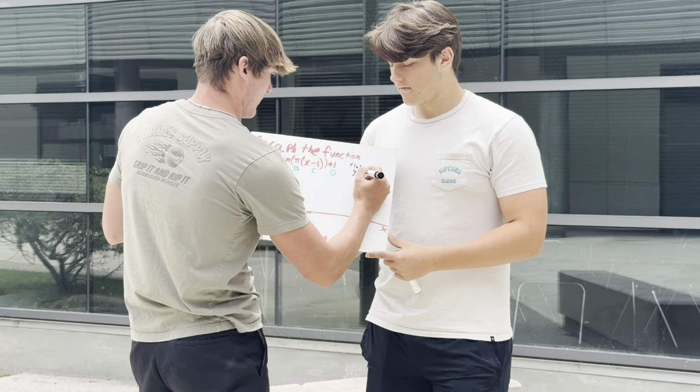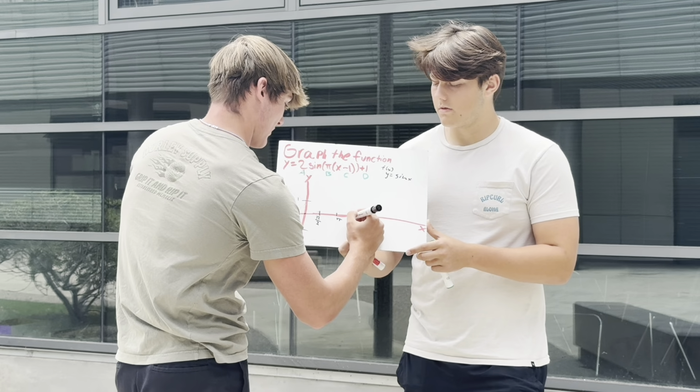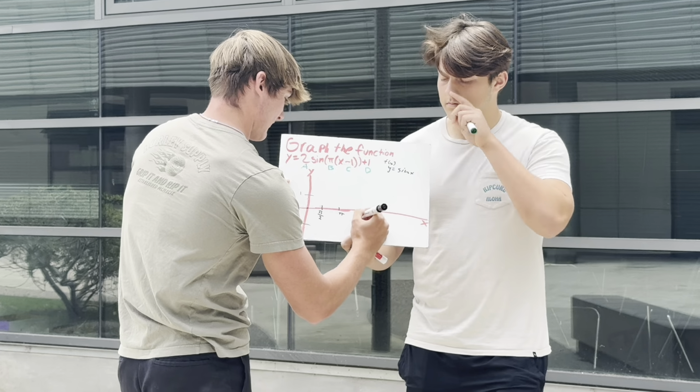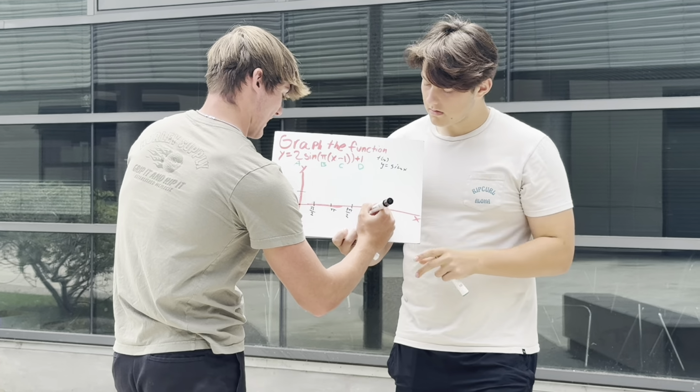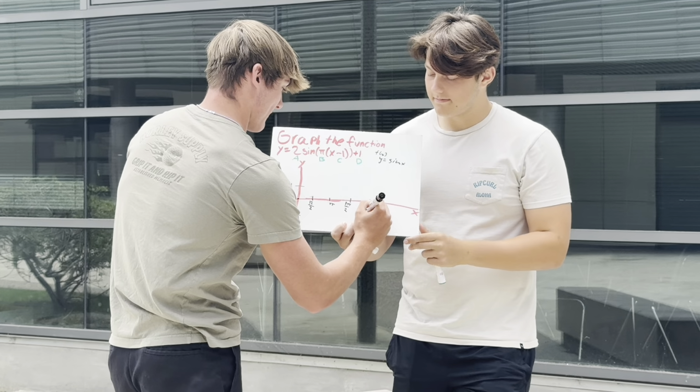For sine you start in the center. First you're going to have your first critical value at pi over 2. Your next one's going to be pi. Third is going to be 3 pi over 2. And your fourth and last part of that cycle is going to be 2 pi.